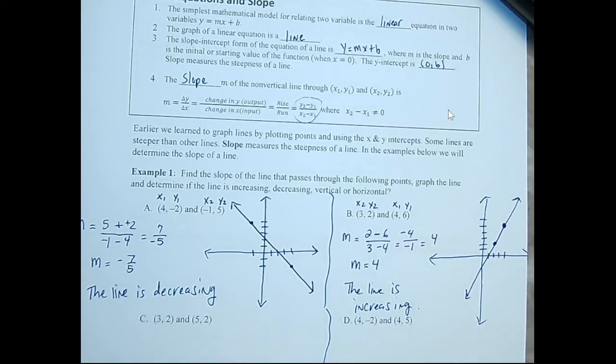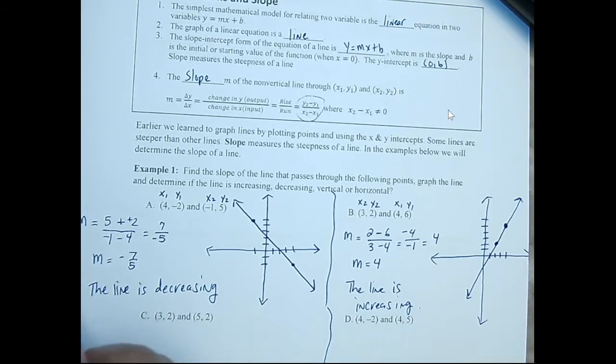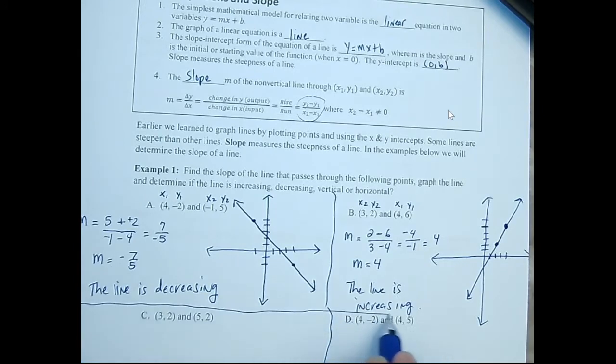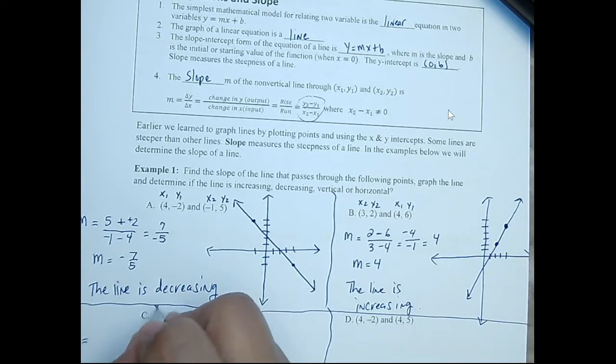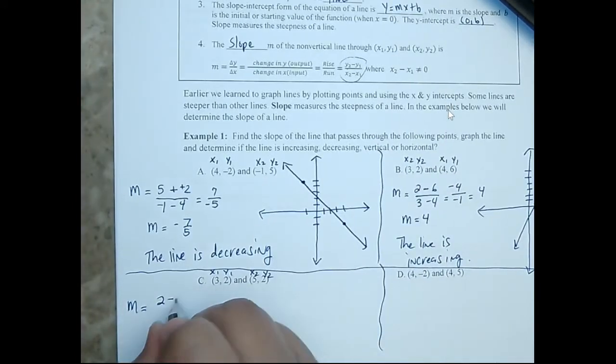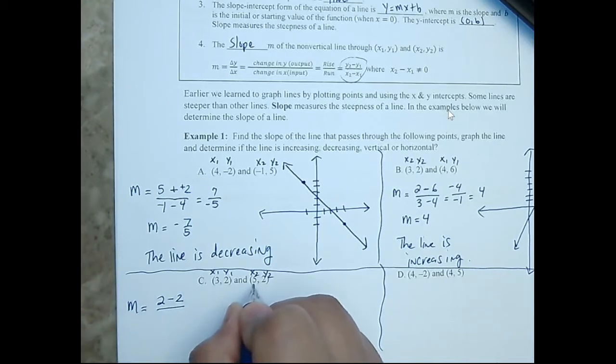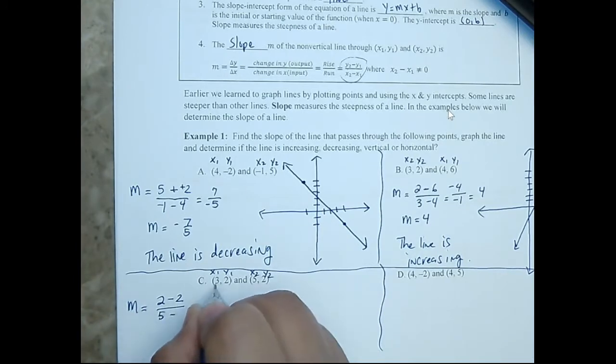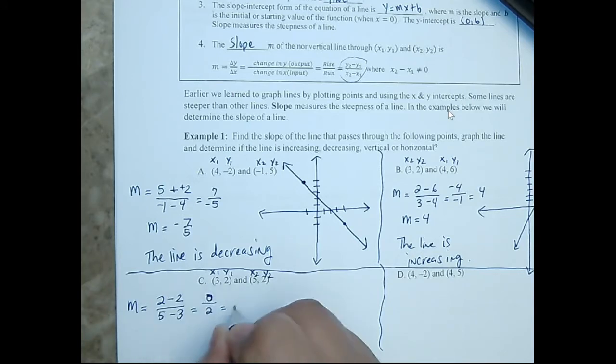Okay, let's look at letter C. First we'll find the slope. I'm going to call these x1, y1, x2, y2. So y2 is 2 minus y1, which is 2. x2 is 5 minus x1, which is 3. 2 minus 2 is 0. 5 minus 3 is 2. 0 divided by 2 is 0.